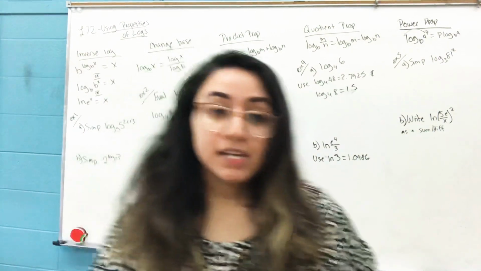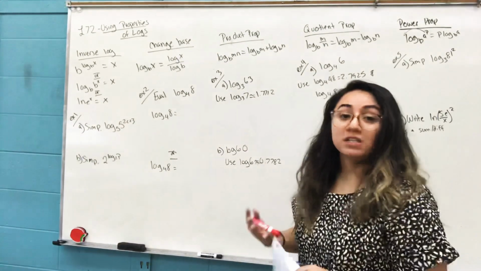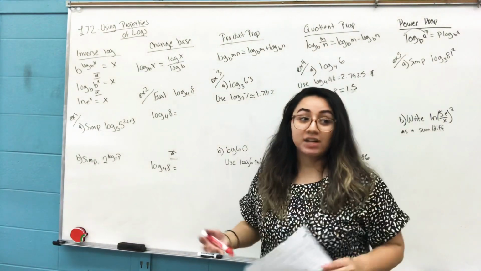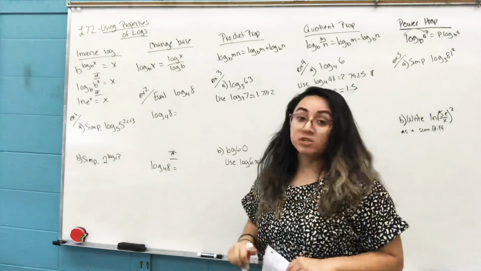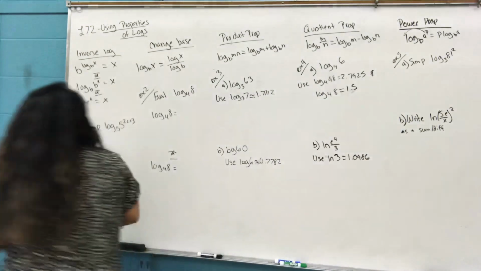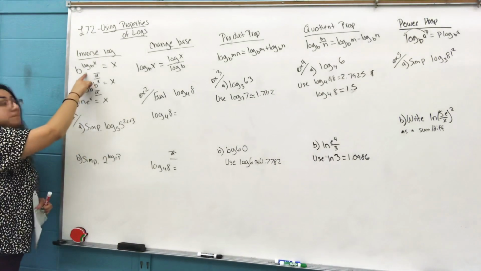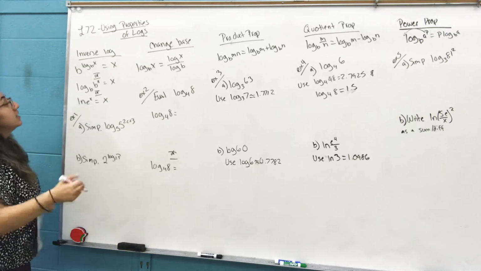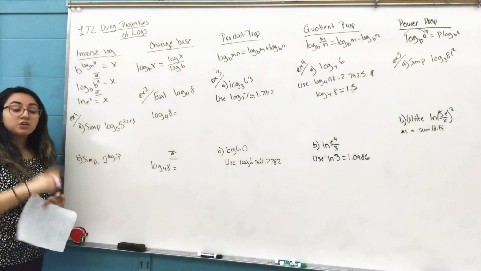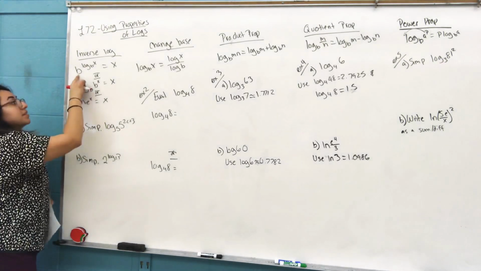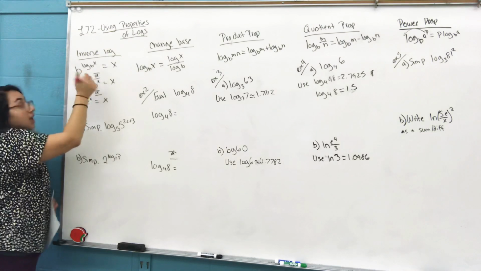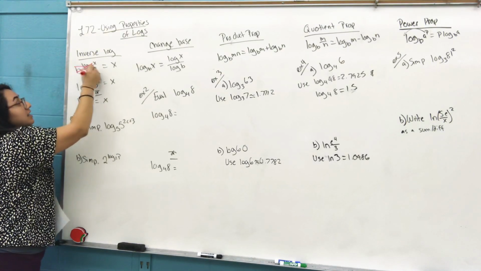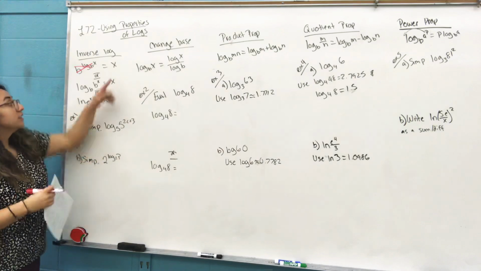So here we're going to learn about different properties using those logarithms. They use this all the time for calculus. Here we're going to learn about the inverse log. What this means is b to the exponent log base b of x. If your bases are the same, so the number here and the base for the log in your exponent, that means they cancel out and you're left with just the x.